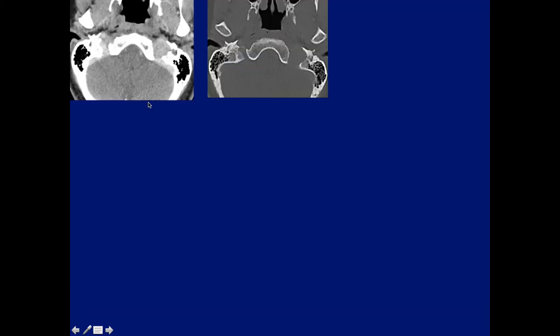Okay, what's abnormal here? Correct. Everybody's saying: an enlarged jugular foramen, eroded.